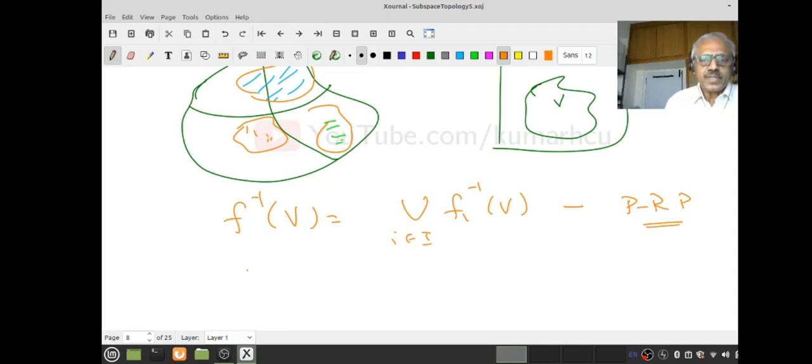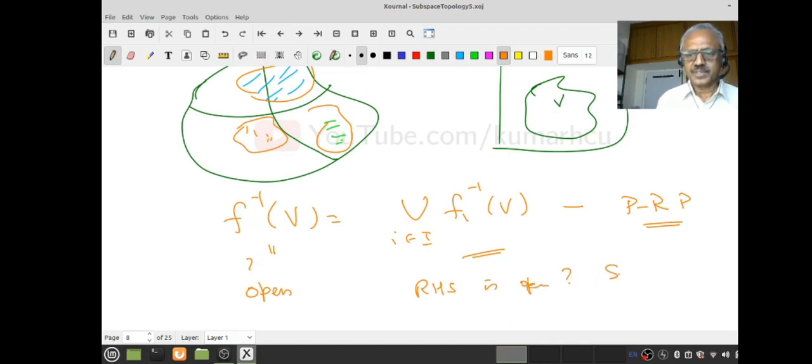Now, what is it that I wanted? I wanted this to be open, since V is open. That means this union should be open. So what is the easiest way to make sure the right-hand side is open?